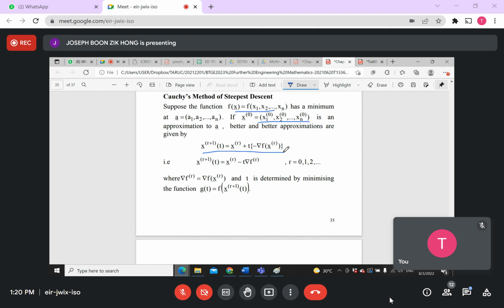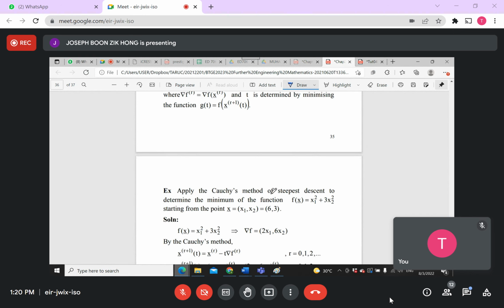This is my formula. Now we'll have a look at how we're going to use this formula, using steepest descent to determine this function.